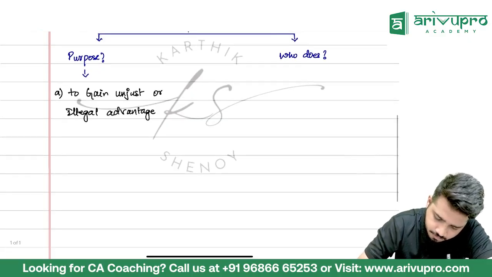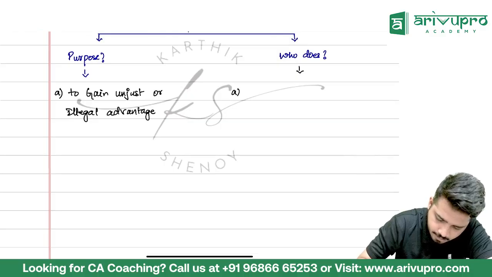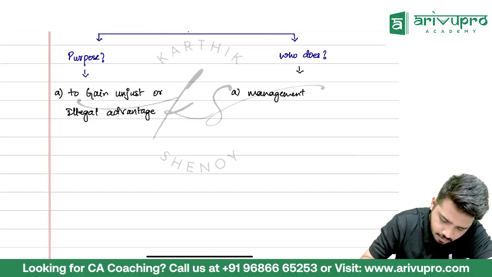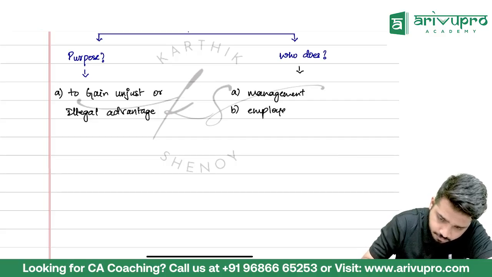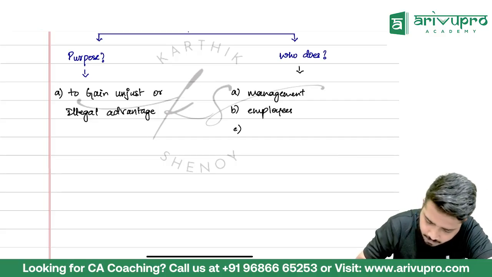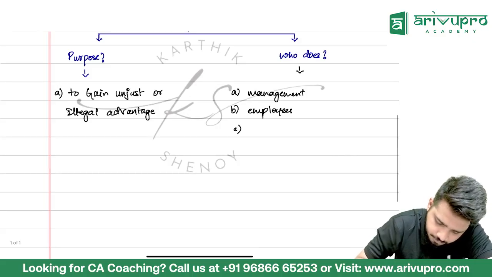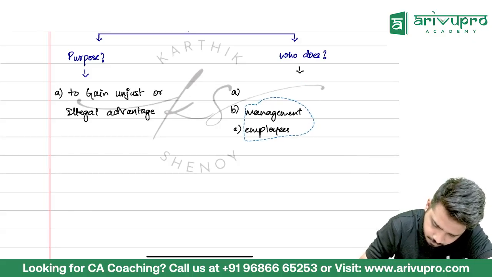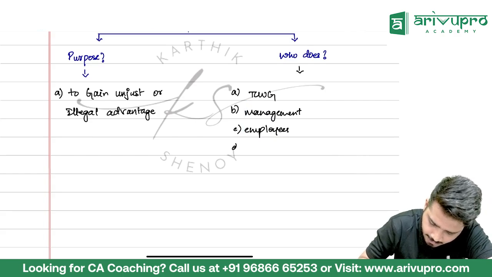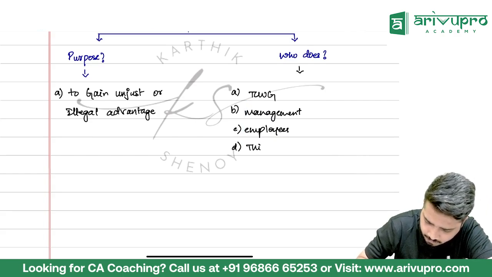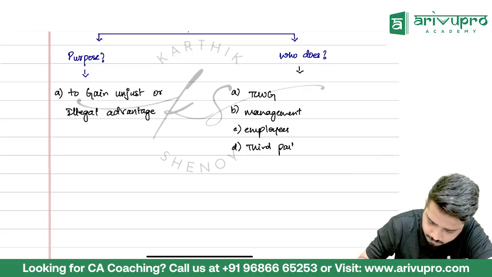Number two, who does it, sir? A, management can do it. B, employees can do it. C, TCWG can do it. And then D, third party can do it.